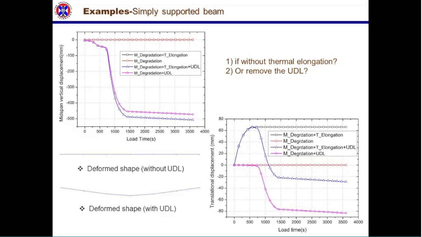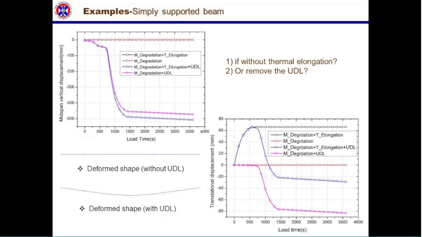You see the blue curve with the triangles initially has positive displacements, and then as the UDL causes the beam to deflect, the support moves back and goes beyond its initial position, and then it kind of stabilizes. If you do not model the thermal elongation, then of course the support does not move to the right at all, and it just deflects, which is what you'd expect.